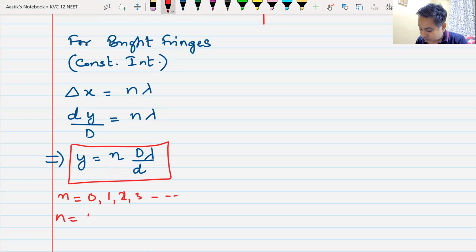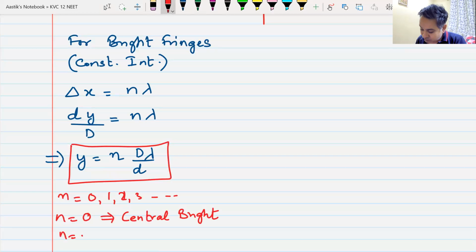For n equal to 0, I get the position of the central bright fringe. So the central bright fringe will always happen at the center.